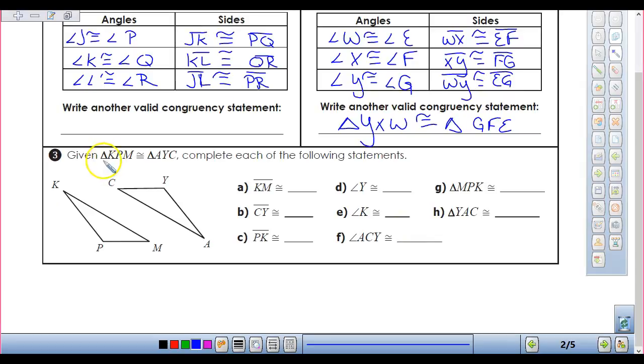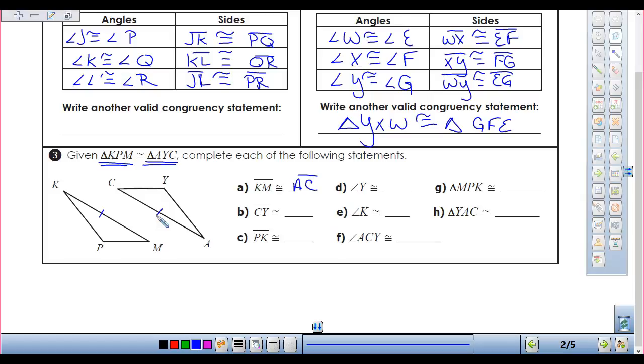Over here they're flipping our triangles a little bit, but they gave us the congruency statement. KPM is congruent to AYC. So KM is congruent to AC. This is how they mark it up. KM congruent to AC gets just one little dash mark, meaning those two are congruent.